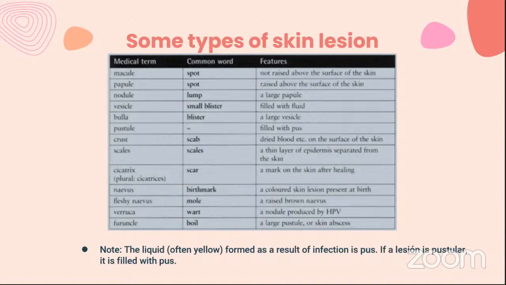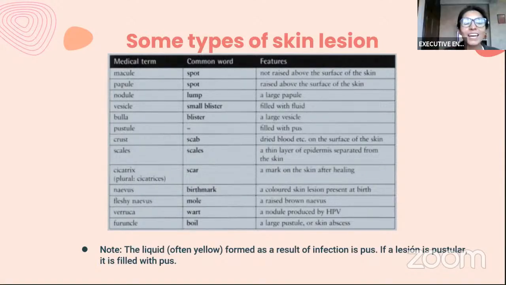Features: a thin layer of epidermis separate from the skin. Cicatrix, plural cicatrices. Scar. Features: a mark on the skin after healing. And the last one, nevus, common word: birthmark. Features: a colored skin lesion present at birth.